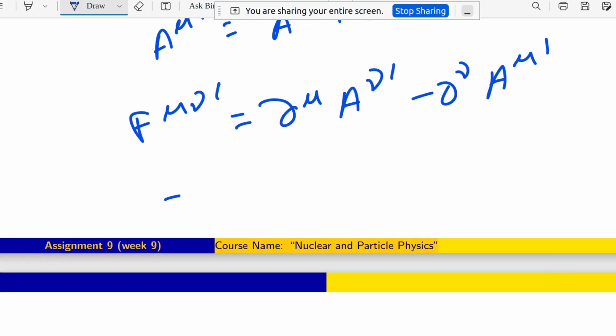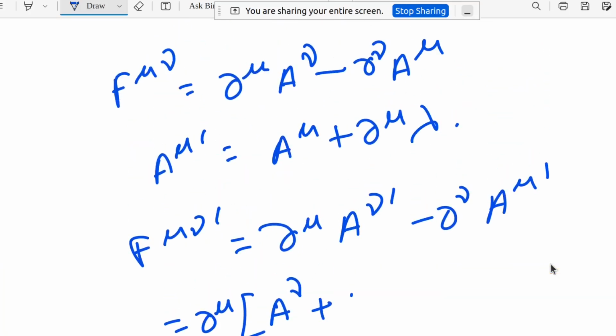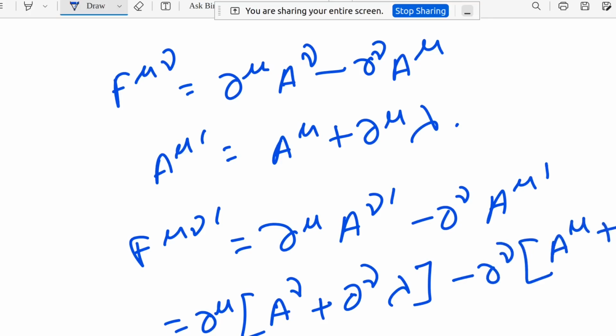Now we are just simply going to put the values of A prime. A nu is what? A nu plus del nu lambda. You can see here mu and nu are dummy indices, so we can interchange these things. So del mu of A nu plus del nu lambda, minus del nu of A mu plus del mu lambda.